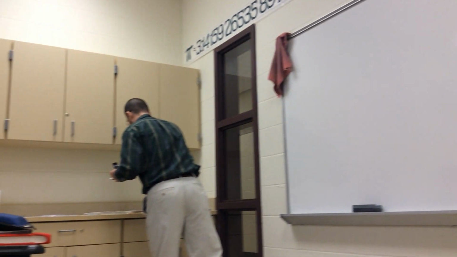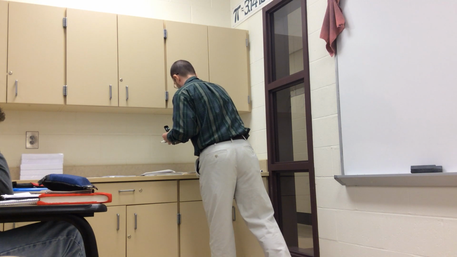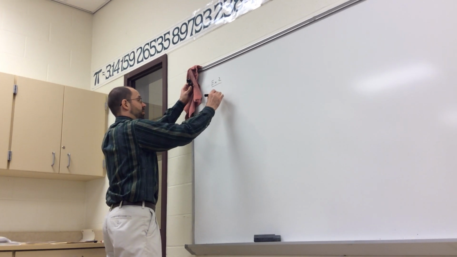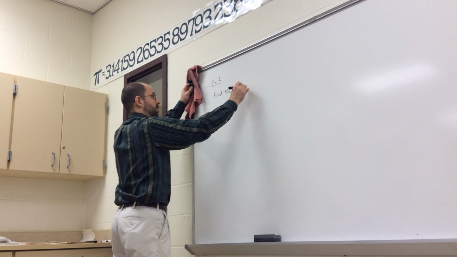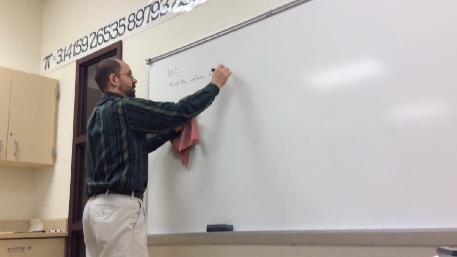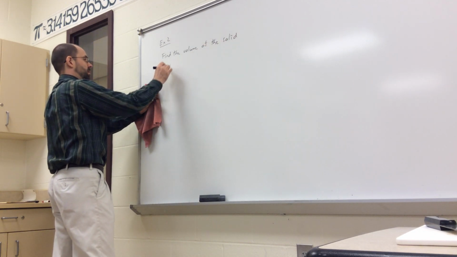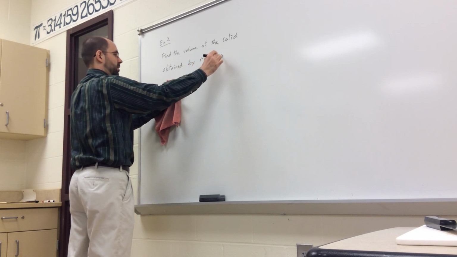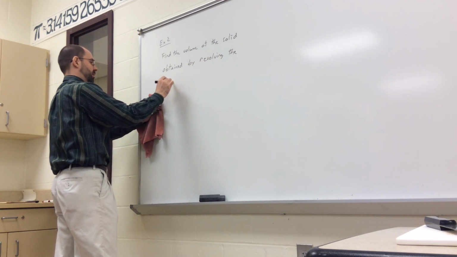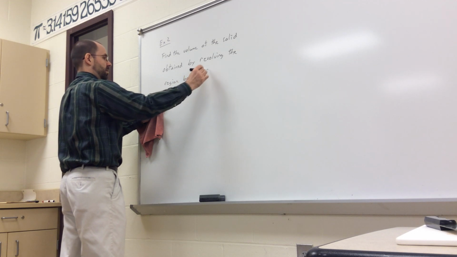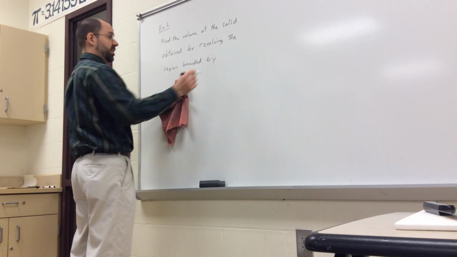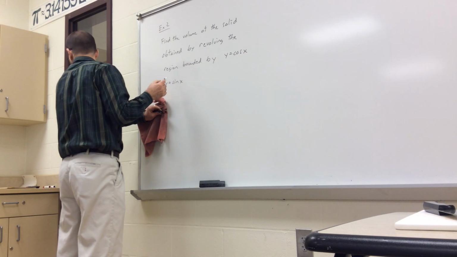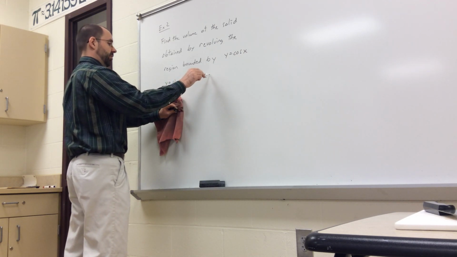All right, so for example 2, find the volume of the solid obtained by rotating or revolving the region bounded by y equals cosine x, y equals sine x, and x equals 0.